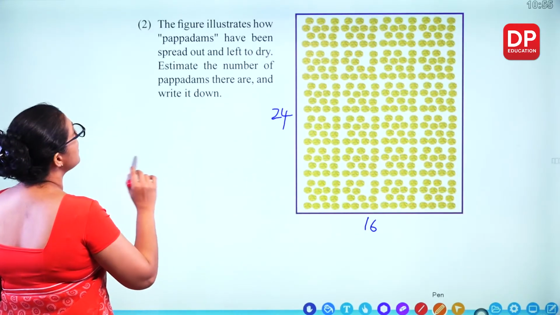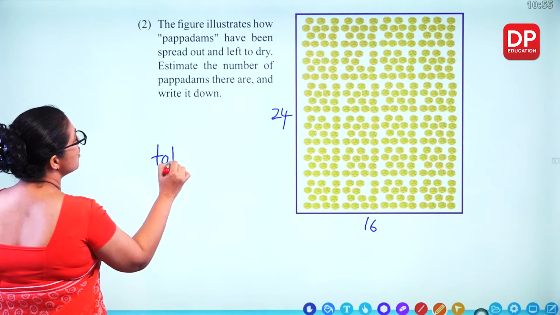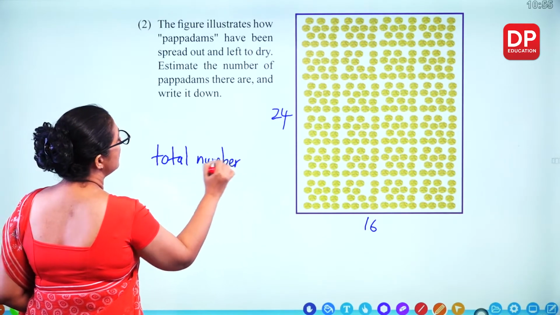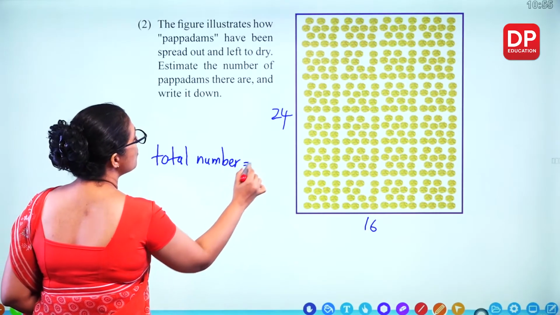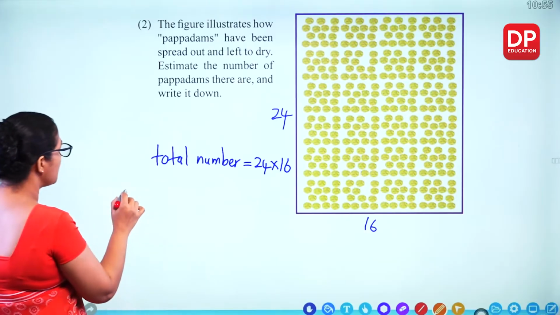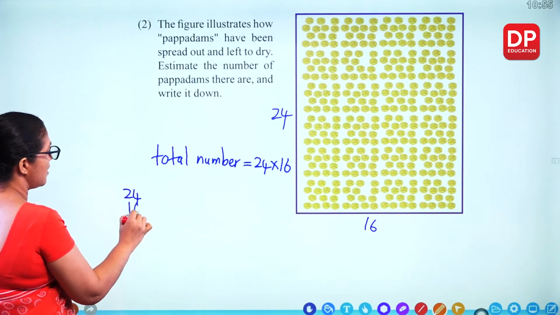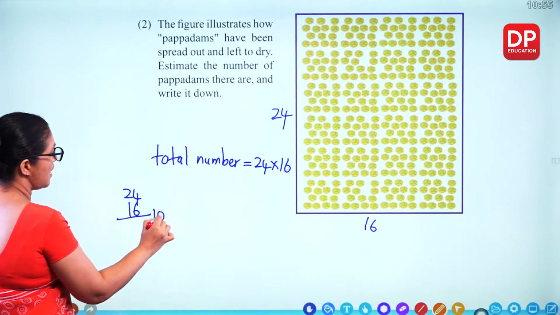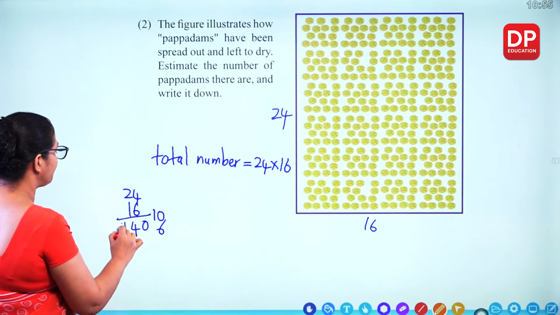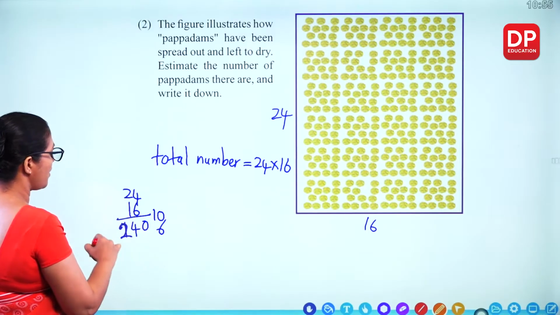So what's the total number of papadums? Total number is equal to 24 times 16. Multiply and see. 10 and 6. You multiply by 1, 240.